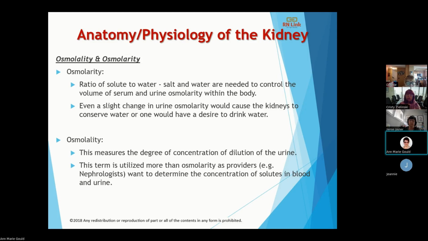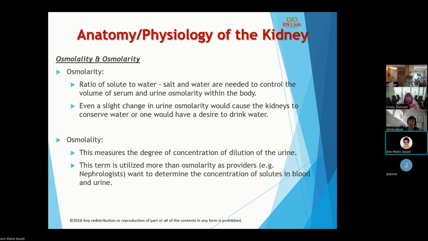Even a very slight change in the urine osmolarity would cause the kidneys to conserve water, and then one would have the desire to drink water. Okay, so it's all that reflex stuff that's going on that you don't think about. You just do it because your body says, hey, you're dry. Oh, I better go get some water. I'm thirsty.